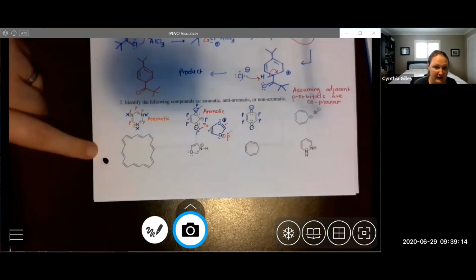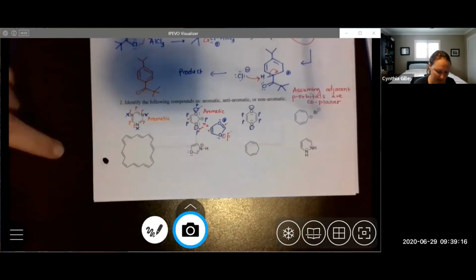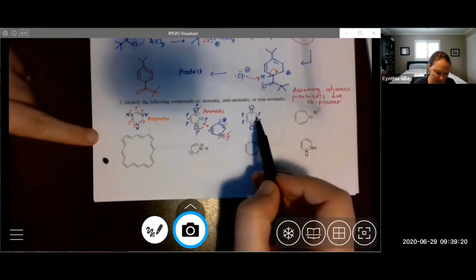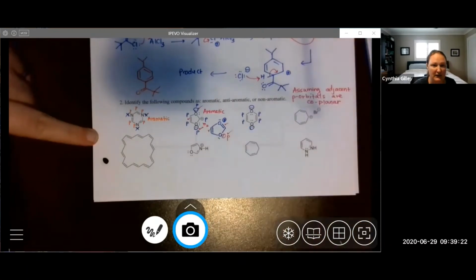The problem with that is when we count up the electrons, now we would have 1, 2, 3, 4, 5, 6, 7, 8, or an even number of electron pairs. So that's not good. This would make this anti-aromatic.